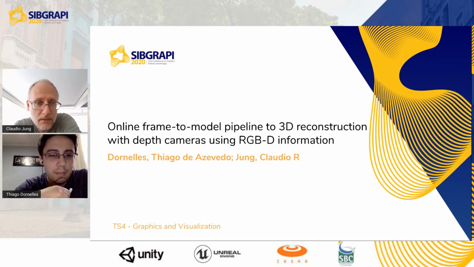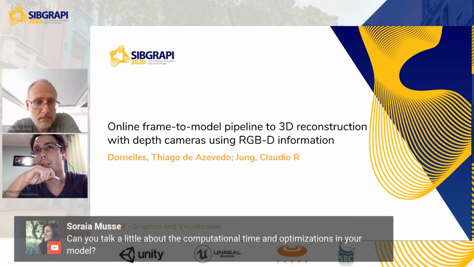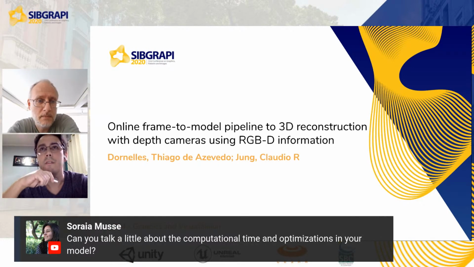Hello, people. Thiago here. The main cost of this algorithm is the Gauss-Newton when minimizing the function.